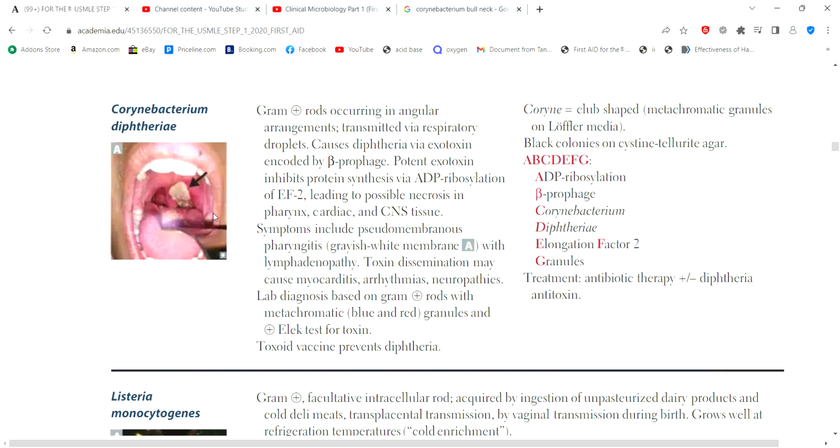Now, black colonies are seen on cysteine tellurite agar. That tells you that the Corynebacteria is growing. These are the main points right here. This is just a mnemonic. So basically, Corynebacteria uses ADP ribosylation.